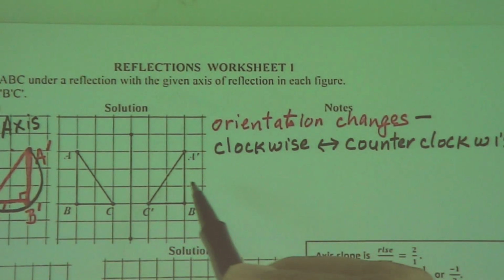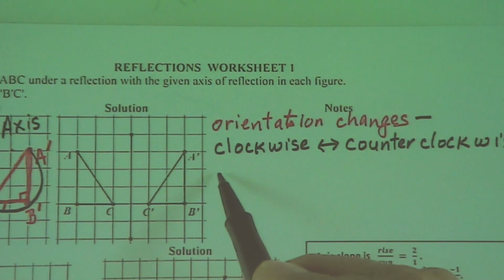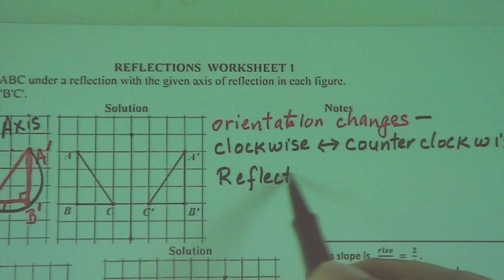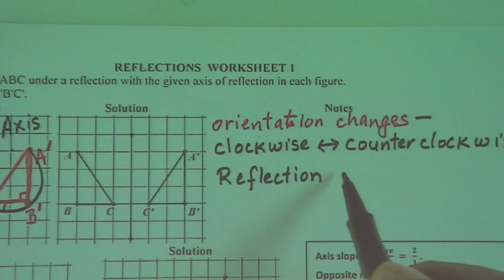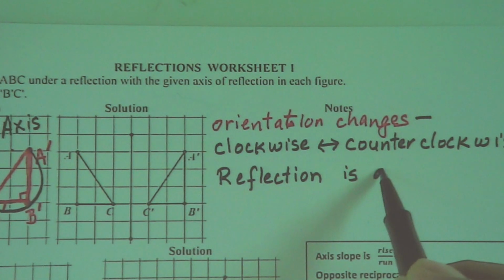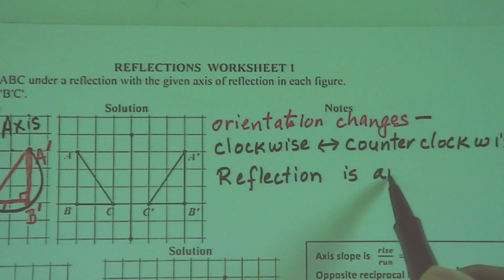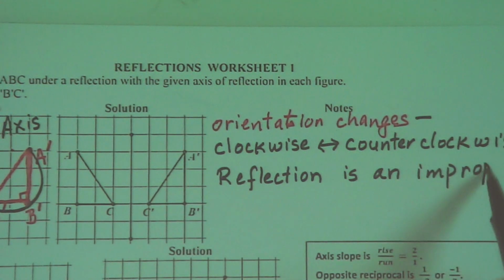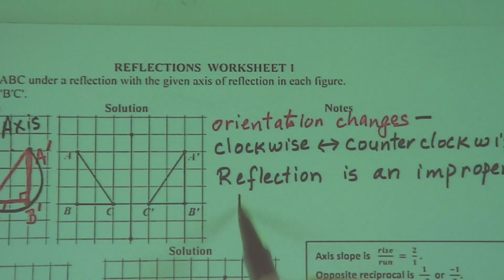Because of this, we say that reflection is an improper transformation.